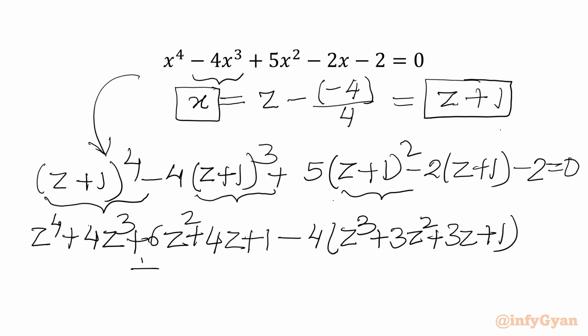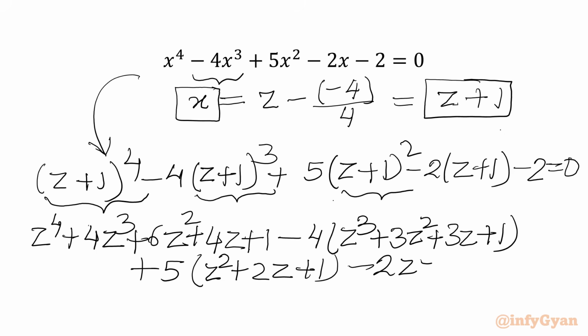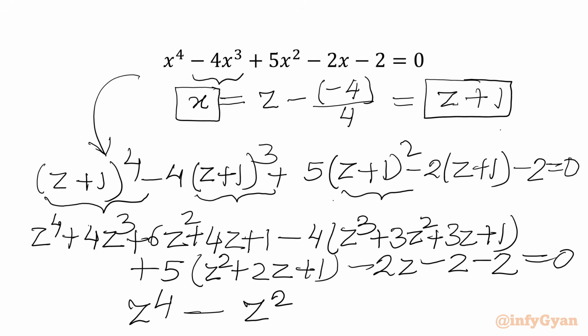Then we have plus 5 times (z plus 1) whole square: z square plus 2z plus 1, minus 2z minus 2 minus 2 equal to 0. Now we have to simplify the left hand side. We will simplify and get z power 4 minus z square minus 2 equal to 0.